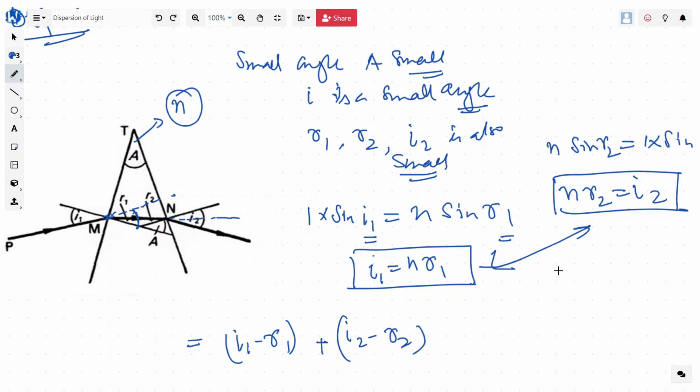Now we do know I1 and I2, right? And we also need to find a relationship between R1 and R2 in terms of A, because A is only known. We do not know exactly R1 and R2, so we need to find that relationship, and that is very easy to see here.